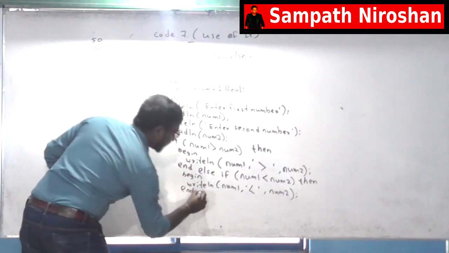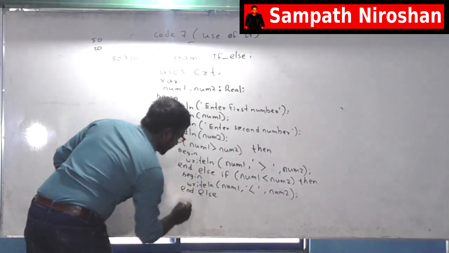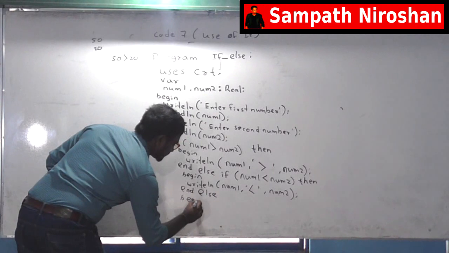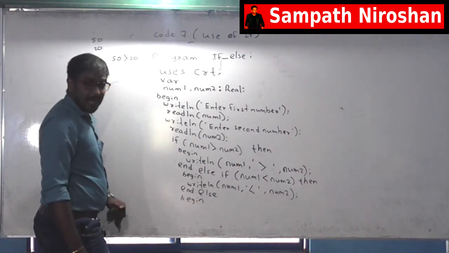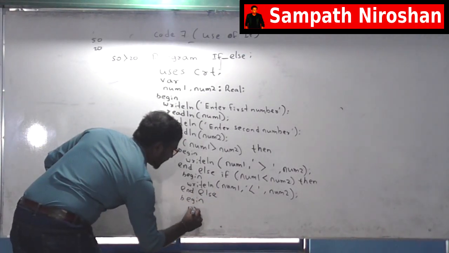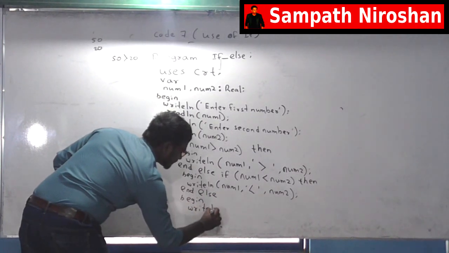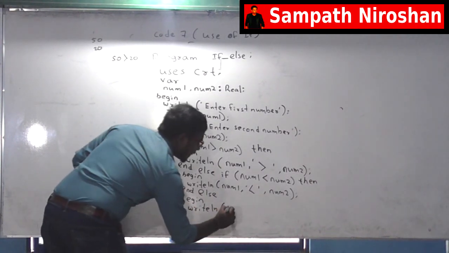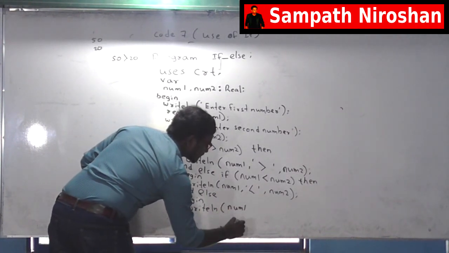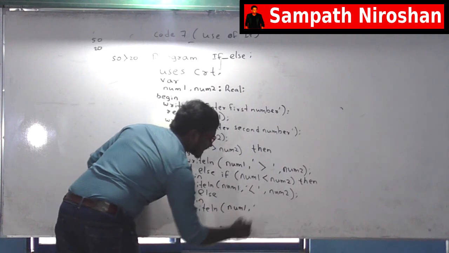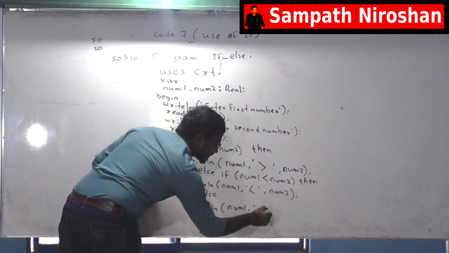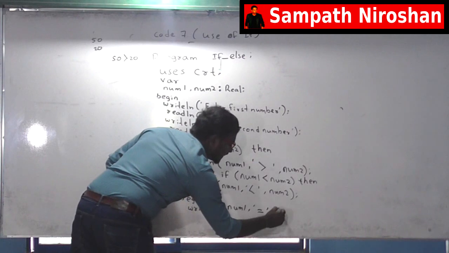So you're like else begin. So you're saying by default write ln num1, comma, inside quotes equals, comma, num2.